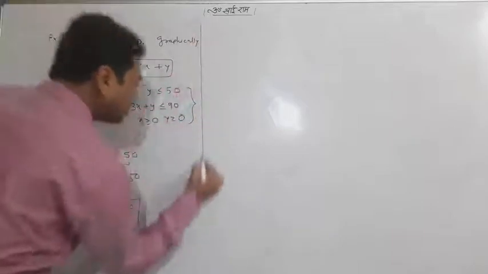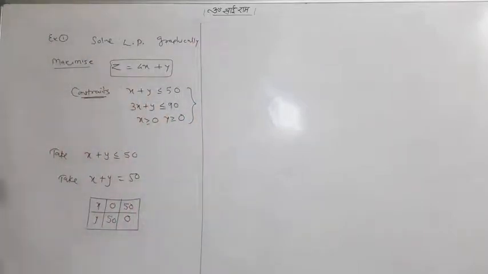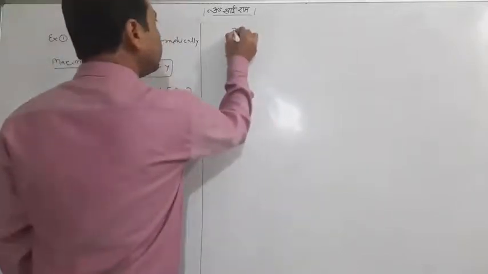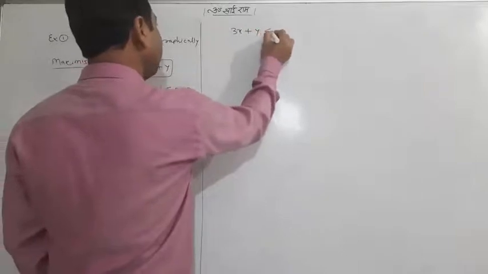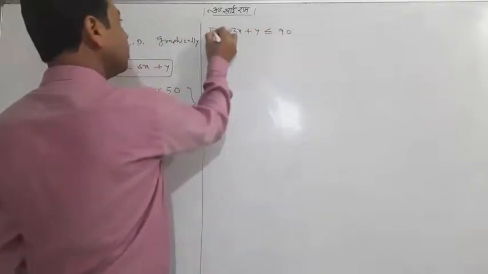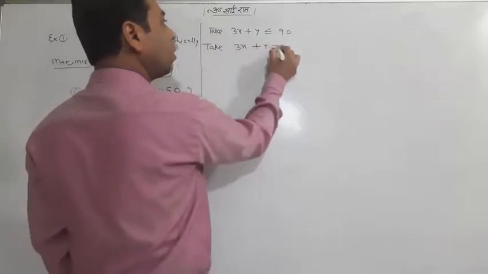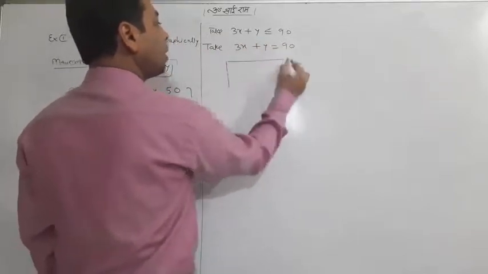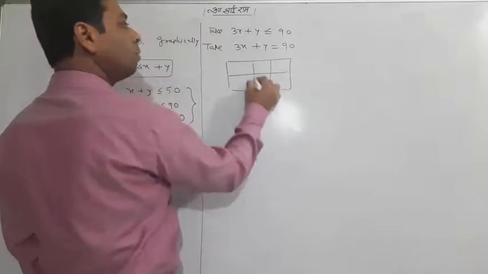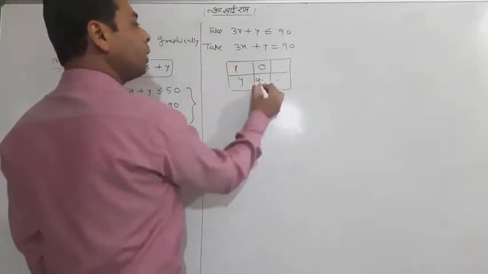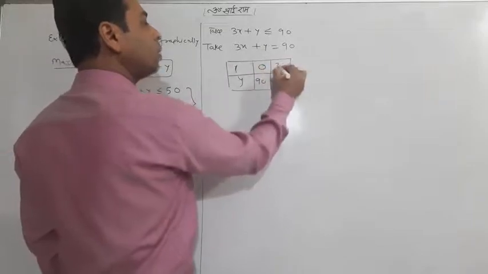The graph will be made later on. Second, I take 3x plus y ≤ 90; take its equation, 3x plus y equal to 90. Make the simple table: x equal to 0, y equal to 90; y equal to 0, x equal to 30.